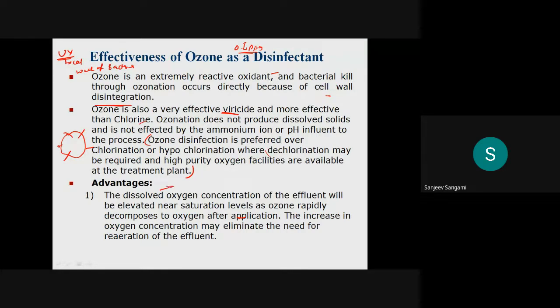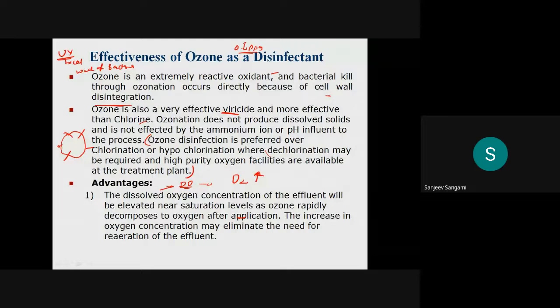If anywhere the DO is very low in some cases, even if you add this ozone, it is going to increase the oxygen level in water. Okay, the increase in oxygen concentration may eliminate the need for re-aeration of the effluent.